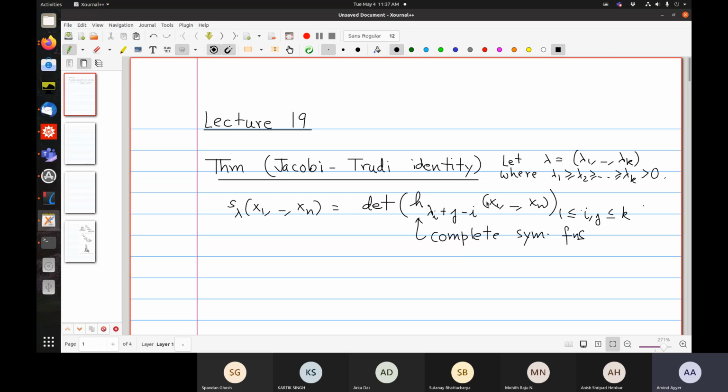So when you expand this out using the Leibniz expansion, each term is some h_mu for some partition mu, because each product will give you a partition by the definition.